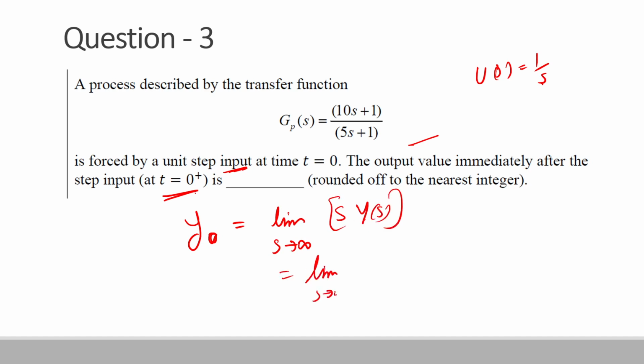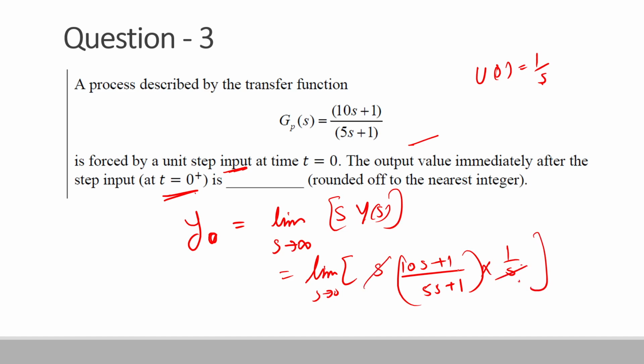that is limit s tends to infinity s g of s is 10s plus 1 upon 5s plus 1 into xs was 1 upon s. So you can cancel this, and then from both of these terms you can take s common and write it as 1 by s.